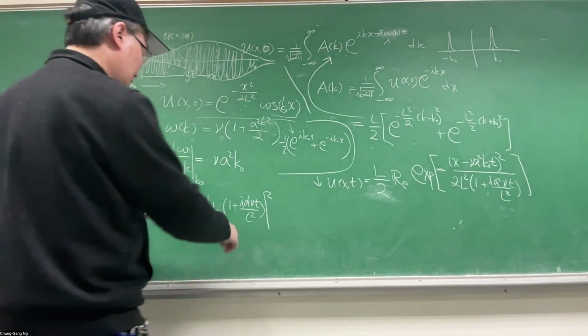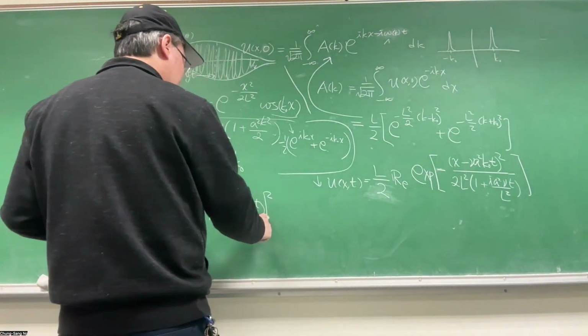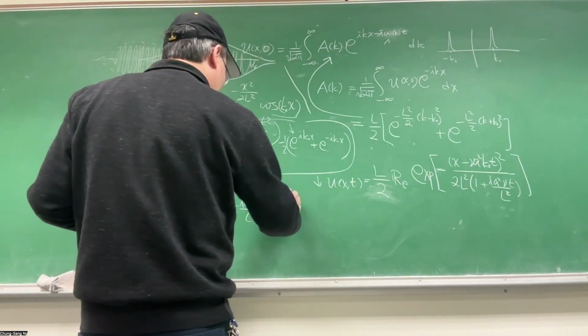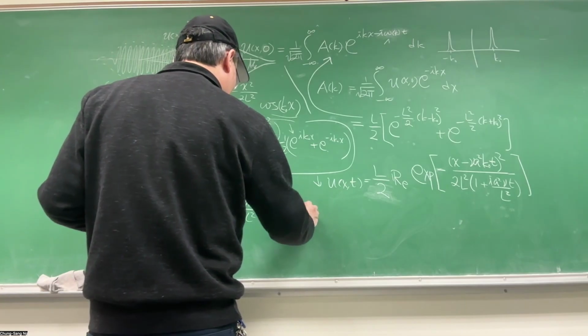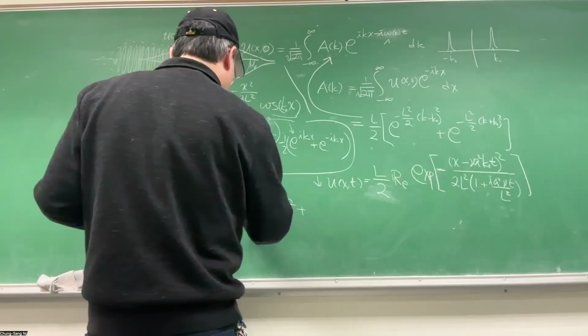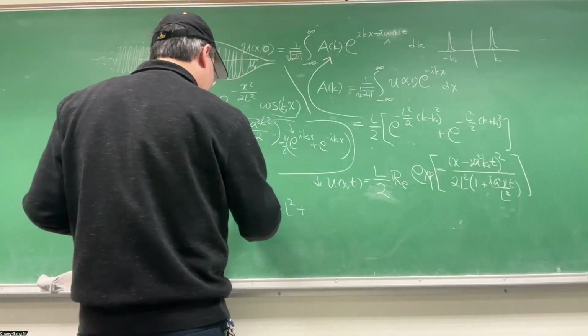But you know how to do this magnitude, the complex magnitude squared becomes real. So basically, the real part squared plus the imaginary part squared.